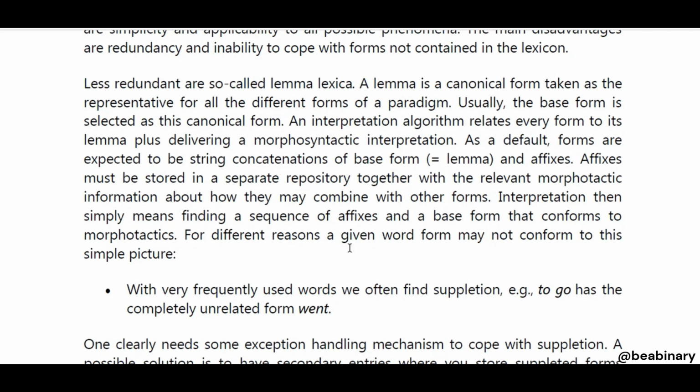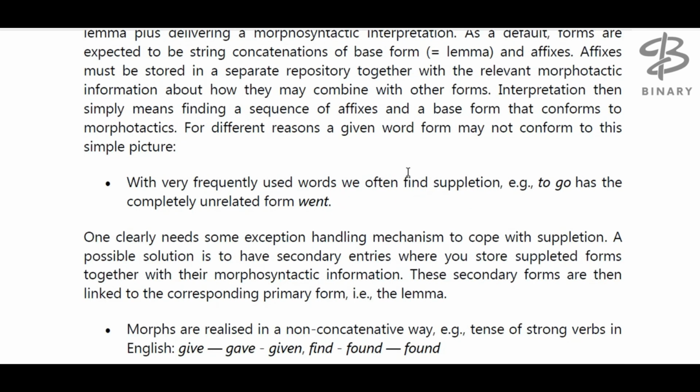So what exactly this interpretation is, simply the means for finding the sequence of affixing. Affixing means storing in the separate repository together. Okay. So and the base form, जो आपने यहाँ पे देखा था, that base form conforms to the morphosyntactic information. There are different reasons why a given word form may not conform to this simple picture.